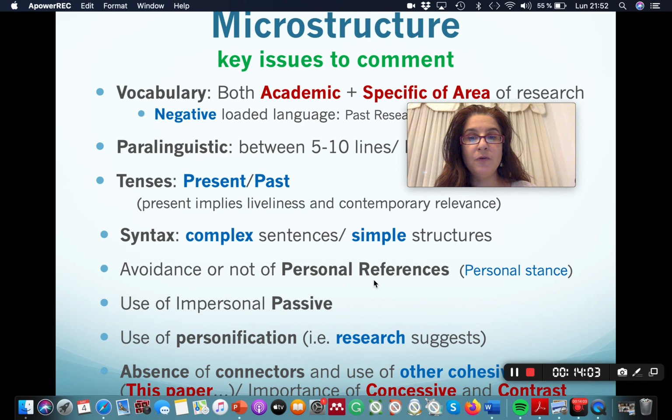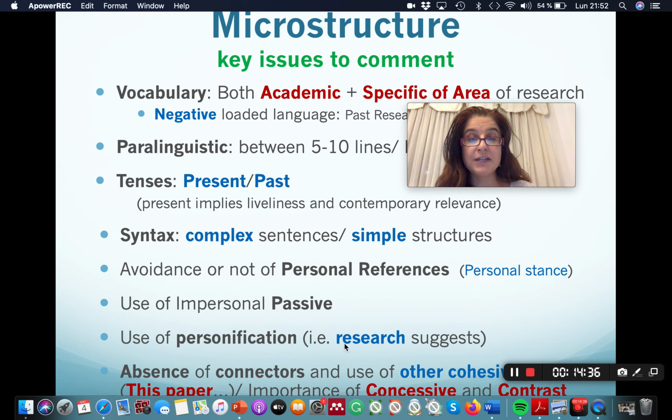We should avoid the personal references, but sometimes we use this we that includes the researcher and the reader. Remember that in linguistics or literature, we don't use the I, okay, the first person singular, whereas in science they use it more. We use passives because in abstracts the content on the topic is more important than the person or the researcher that does it.